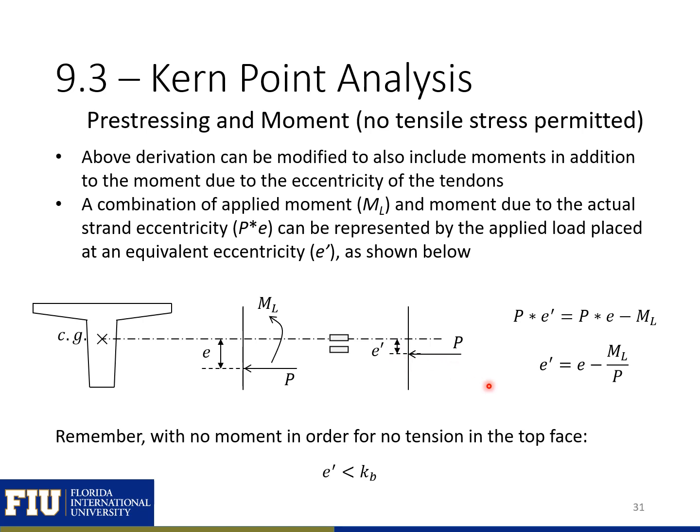So we can come up with an equivalent E prime that would account for both the strand eccentricity and the externally applied moment. Again, if we want no tension in the top face, then we would need to keep this E prime less than our bottom Kern point.